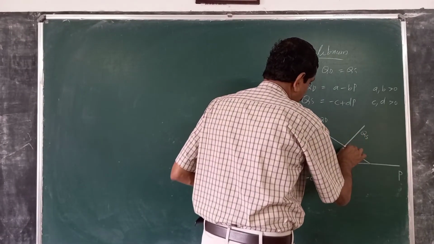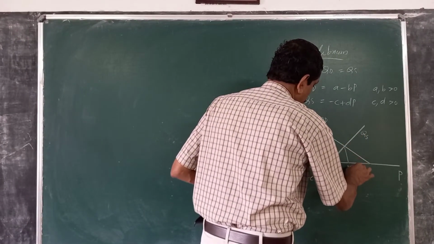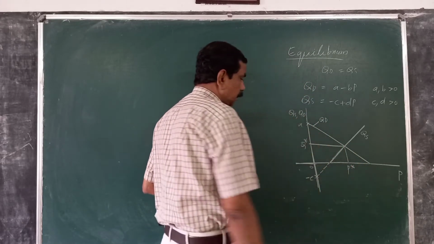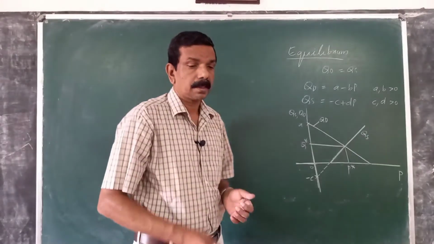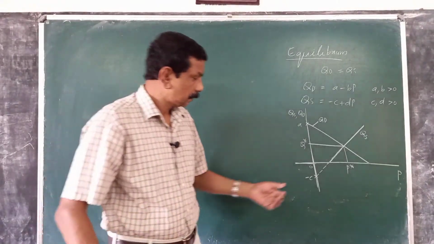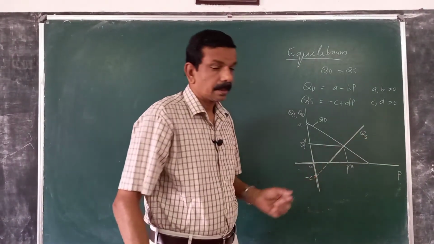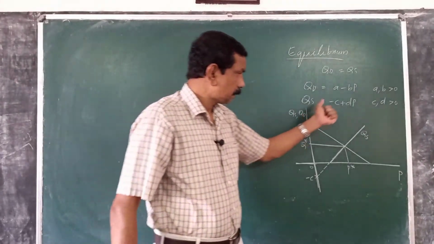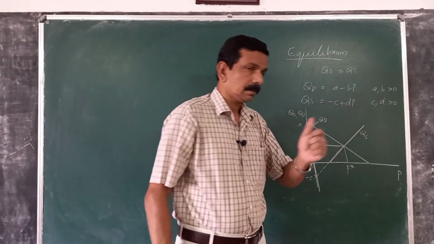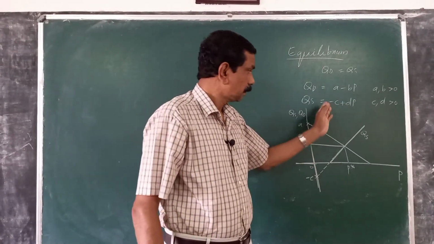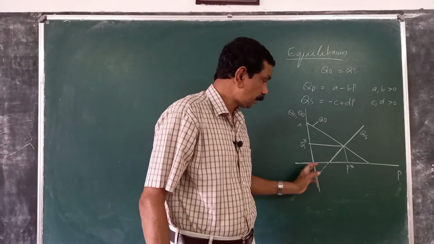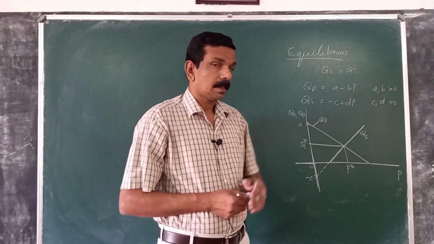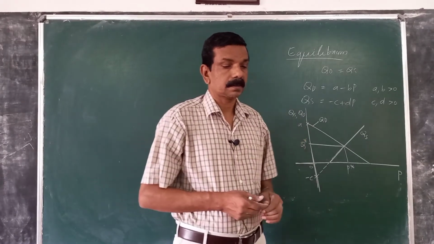And this is the supply curve, QS. Equilibrium occurs at P star, Q star, determined by the intersection between demand and supply curves. As I told you, one reason suggested for a minus C is to ensure that no supply will be forthcoming unless price is sufficiently high, as we have seen in the previous class.